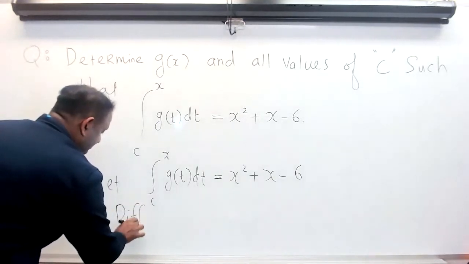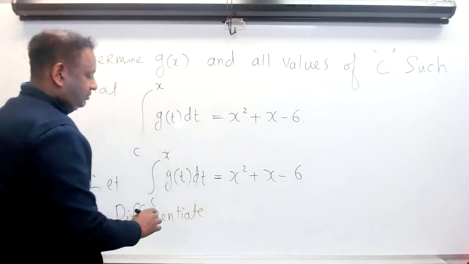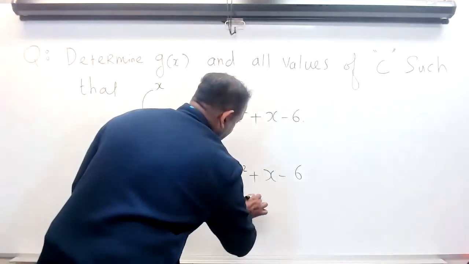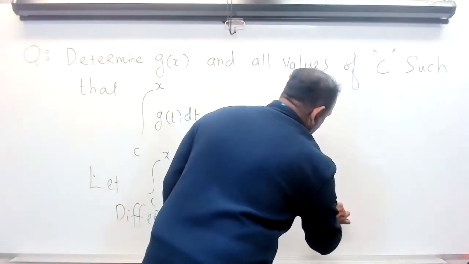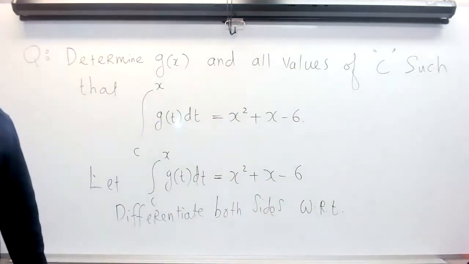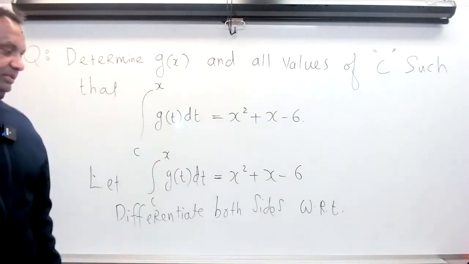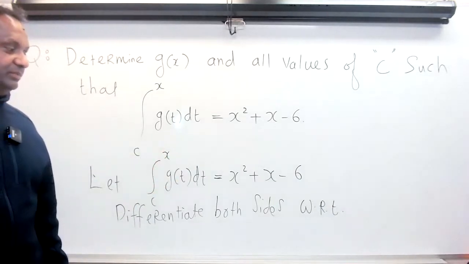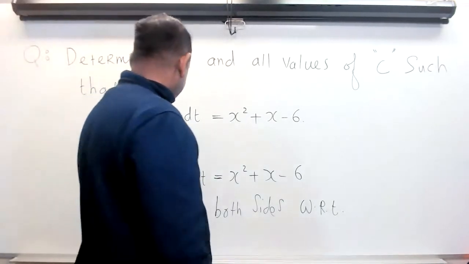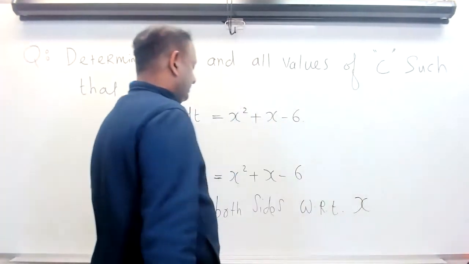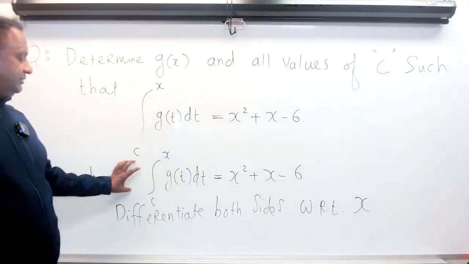Differentiate both sides with respect to, WRT, the abbreviation I explained in my previous videos, x, not t, because this side is a function of x.